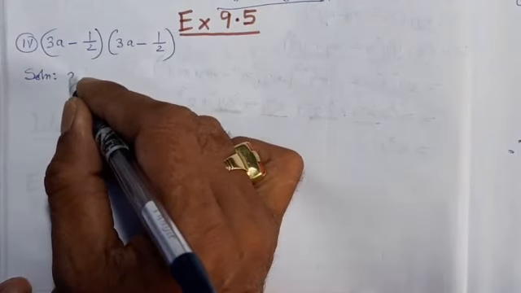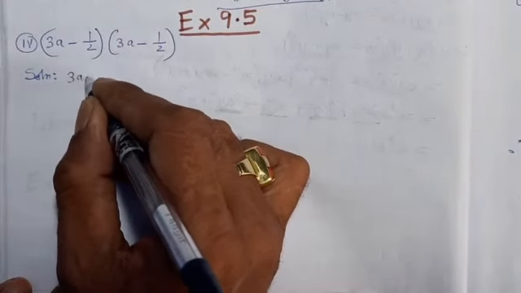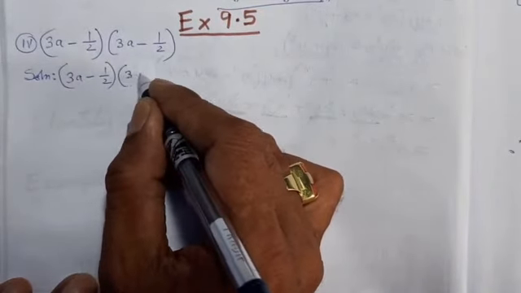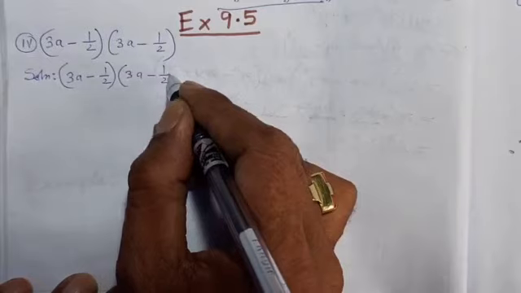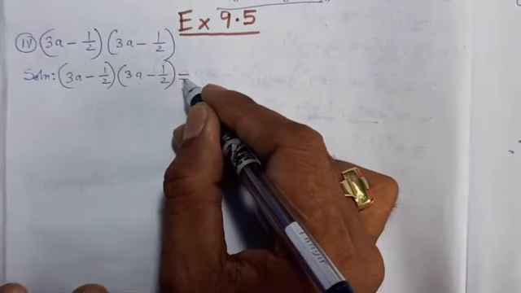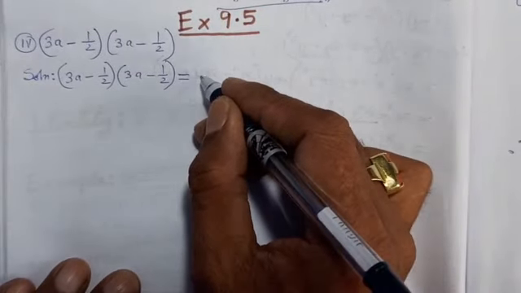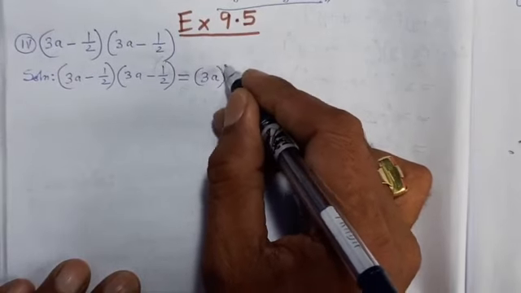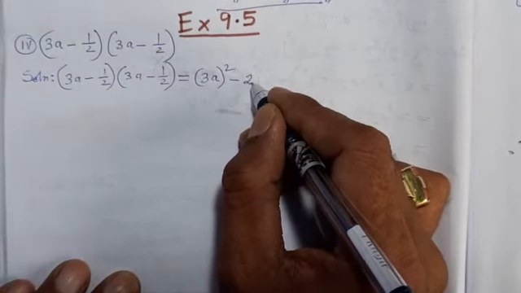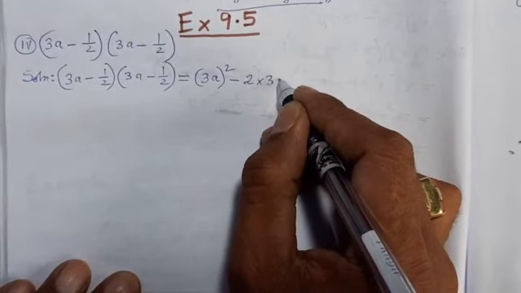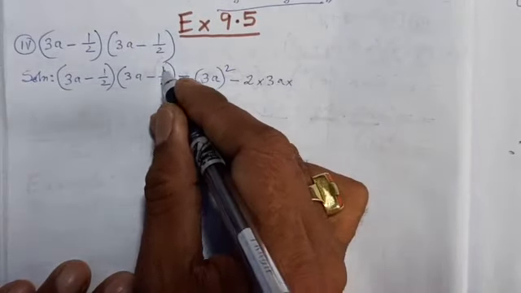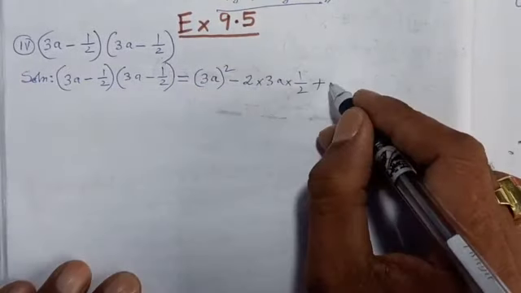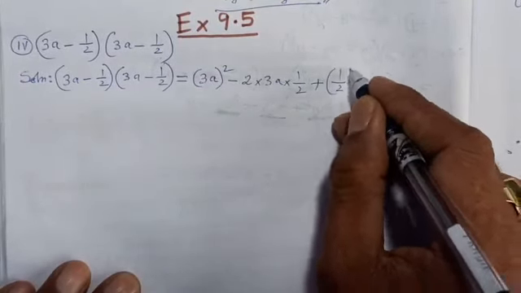Solution: (3a - 1/2) into (3a - 1/2). Now let us apply identity number 2. So (3a)² - 2 times 3a into 1/2 + (1/2)².